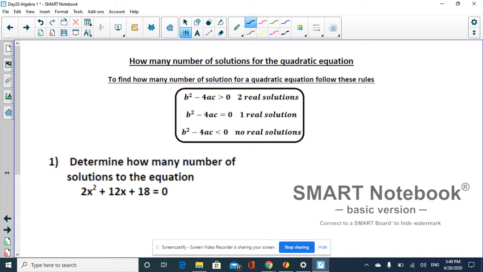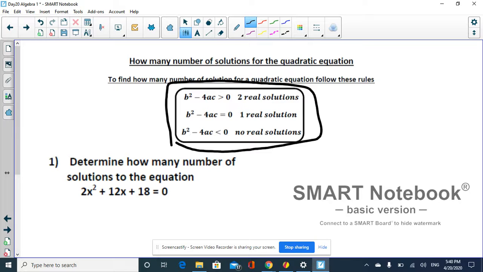If this number under the square root is negative, that means we don't have any real solution. If this under the square root equals 0, that means we have only one real solution.